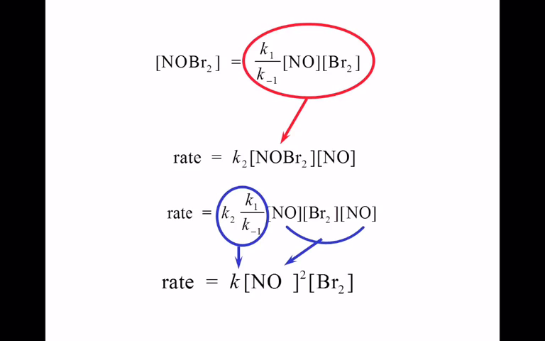So if you go back a few slides ago, this is actually the observed rate law expression. So not only do the elementary steps add up to be equal to the reaction of interest, but also we can derive the observed rate law expression, understanding what the slow step is. So smiley faces all around.